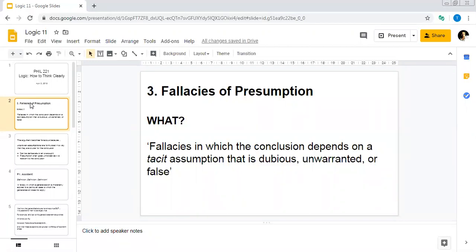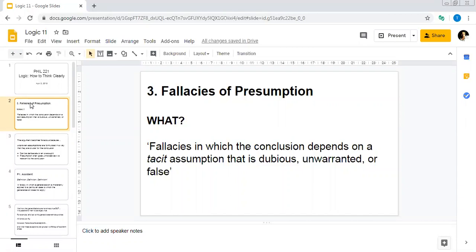So in plain English, what tacit assumption basically means is that you have an argument or what appears to be an argument, but in the build up of that argument, in the ingredients that are used in that argument, for example, maybe the premises, there is some underlying assumption.